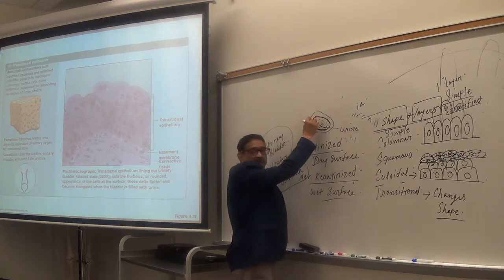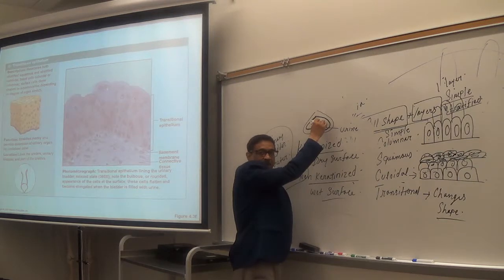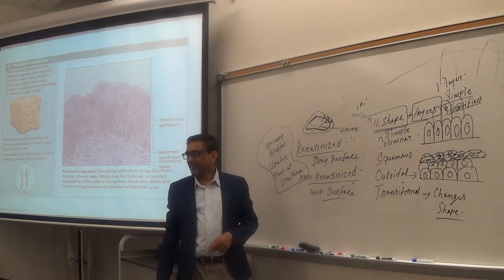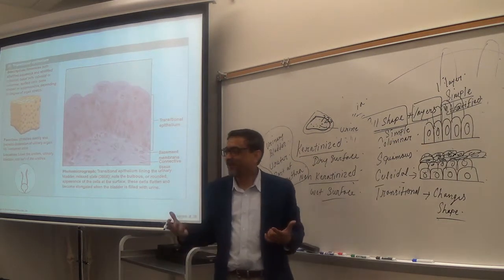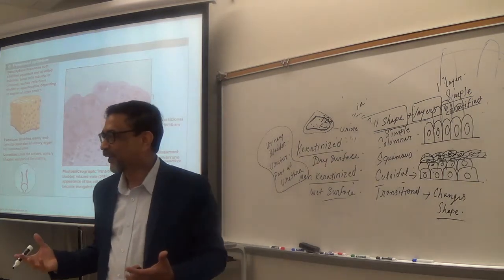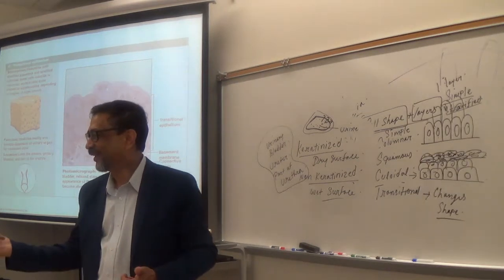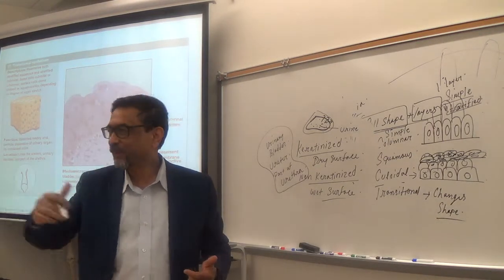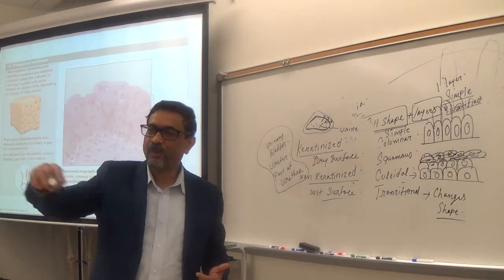And I said transitional doesn't allow fluid pass through it, right? So urine will not be able to get back into the body. If it allows, then what's the point of producing urine, right? If it again goes back into the body. From the bladder, it should get out from the body, right? It should not get back into the body. So that's why you have transitional there.